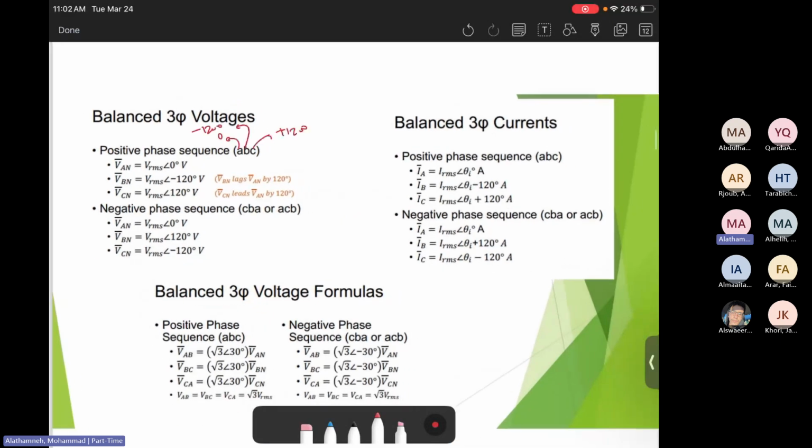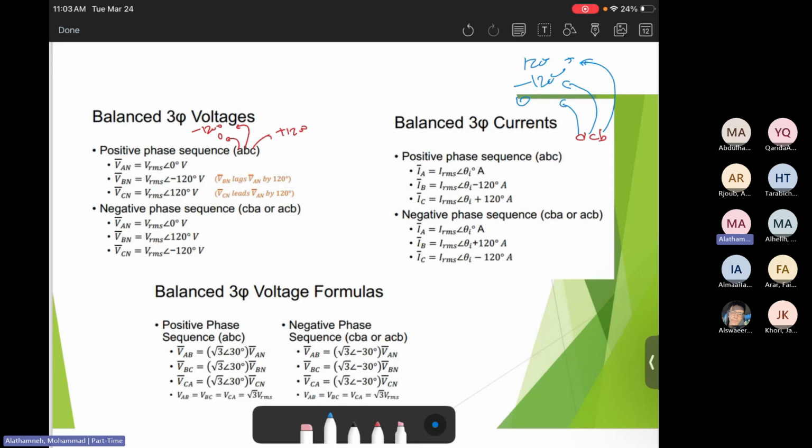The negative sequence is very similar, but we call it ACB. So A is at 0, C is at negative 120 degrees, B is at positive 120 degrees. Again, it's called positive and negative sequence. You just need to be familiar with those.